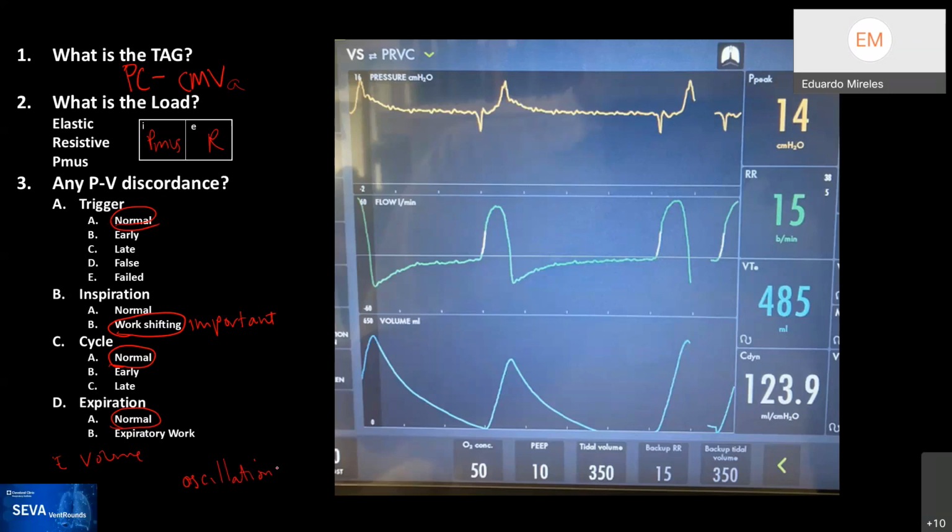All right. Rob, you want to read this one? Sure. We're going to ignore the symbol at the top. Again, if we look at the flow waveform, we see that this must be some form of pressure control because you don't see a well-controlled flow waveform with a geometric shape.